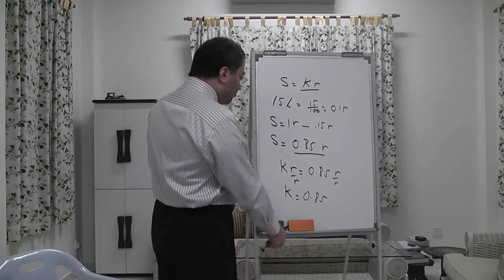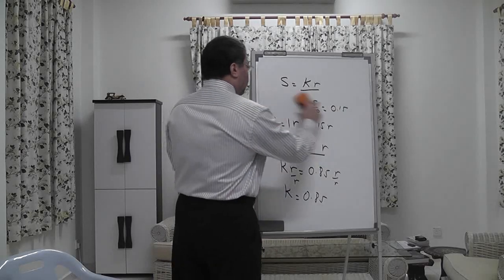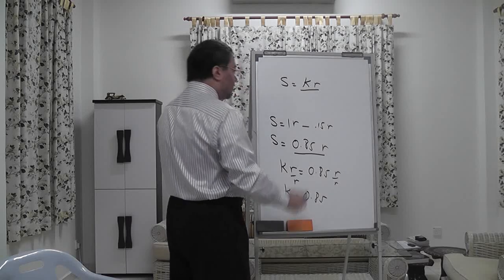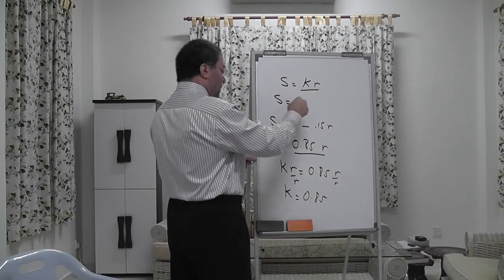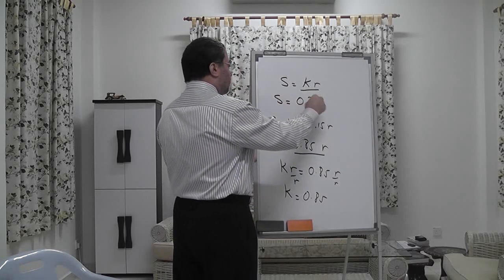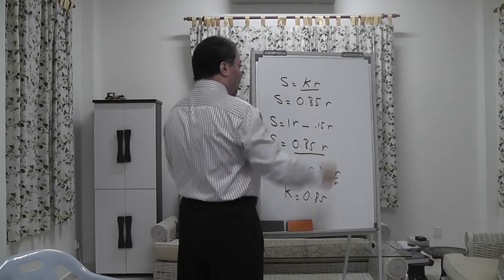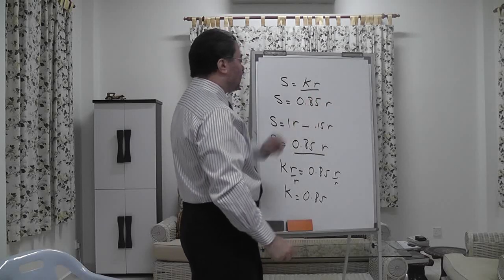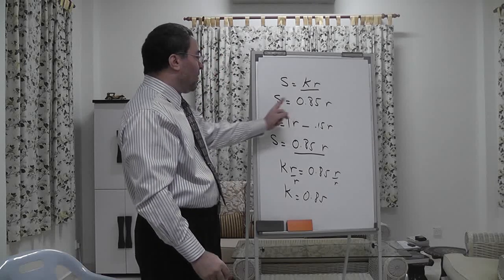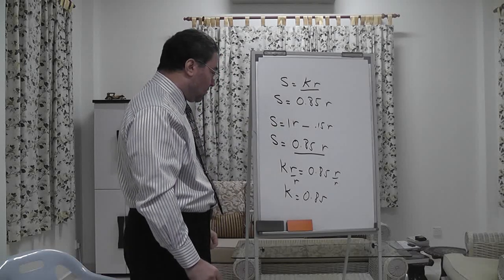So in this specific situation of 15% discount, you can use this formula. He knows the regular price, he multiplies it by 0.85, and he gets the sales price.